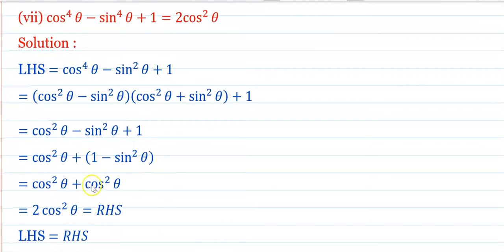Now the next problem. Cos theta raised to 4 minus sin theta raised to 4 plus 1 is equal to 2 cos square theta. Now cos theta raised to 4 minus sin theta raised to 4 can be written as, this is the a raised to 4 minus b raised to 4, and that is equal to (a square minus b square) and in another bracket you will get (a square plus b square).